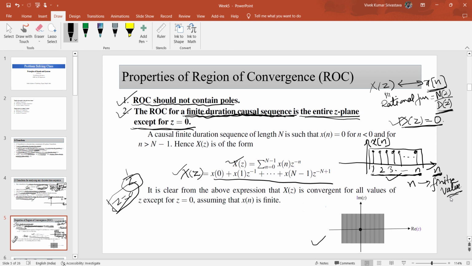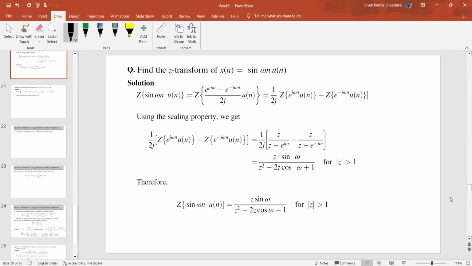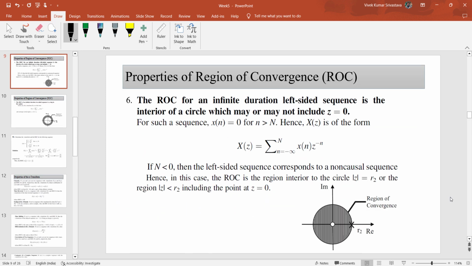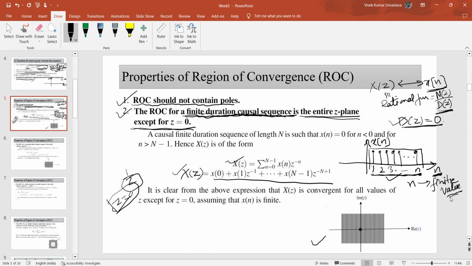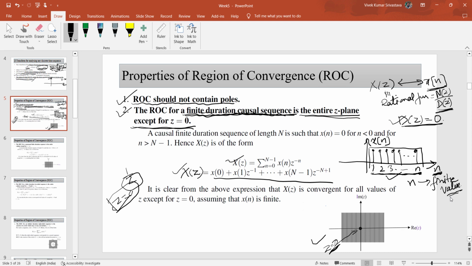Here we can see that the ROC is plotted. The entire z plane is the ROC except z equals 0, which will not be in the ROC.